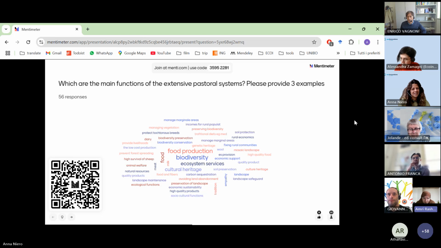And the last, I can't see very well, sorry. Cultural heritage, yes, because in our region, practicing extensive pastoral systems like sheep farming is inherited from father to son, more than being a job. This is my opinion in brief words.